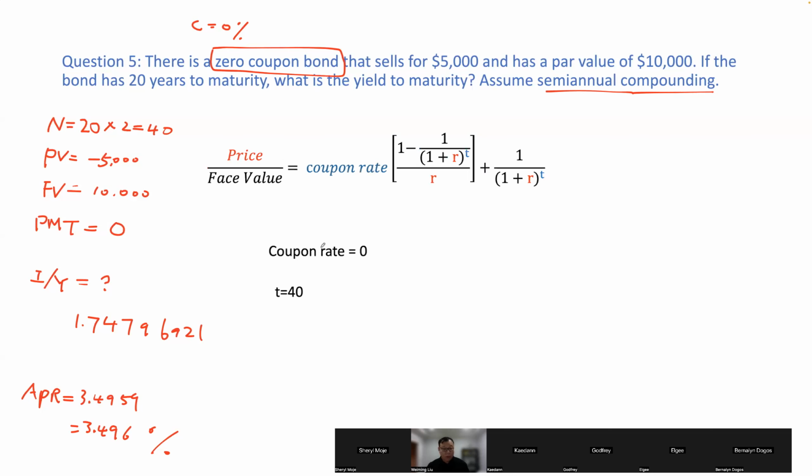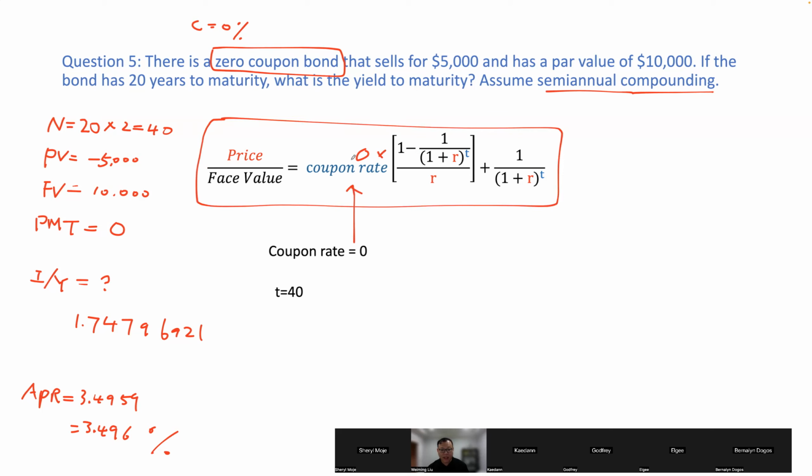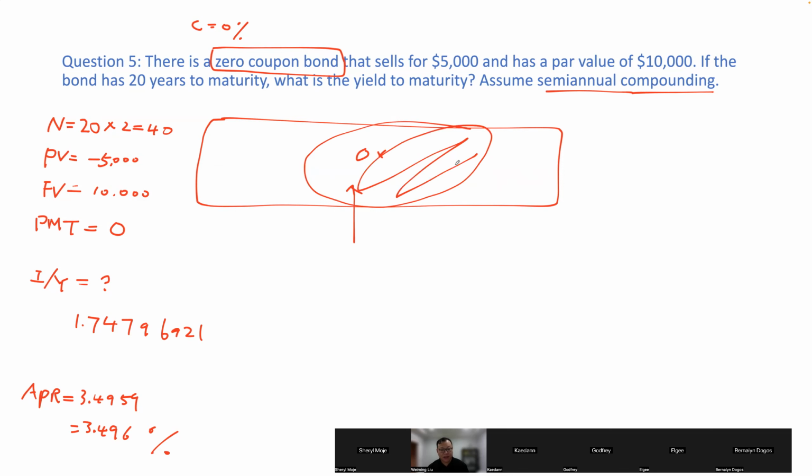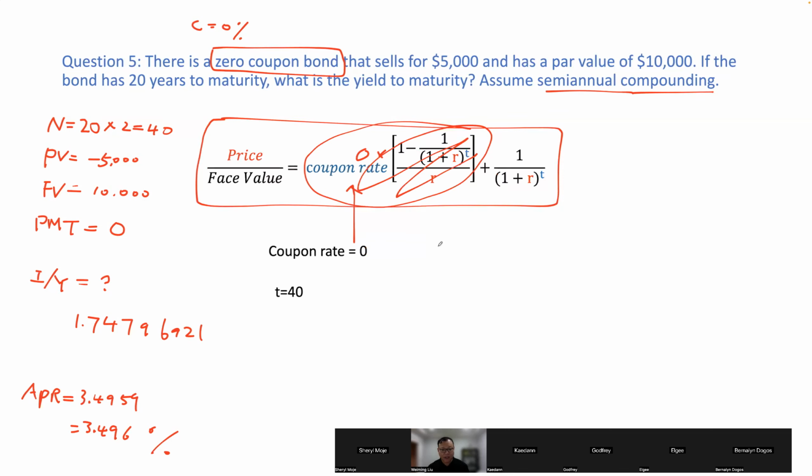A different way is to use the formula. This is the generic formula for the bond price valuation, right? And the coupon rate is 0. So when you make this 0, 0 times anything equals 0, so this whole thing is gone. Now you are only solving a very simple equation.